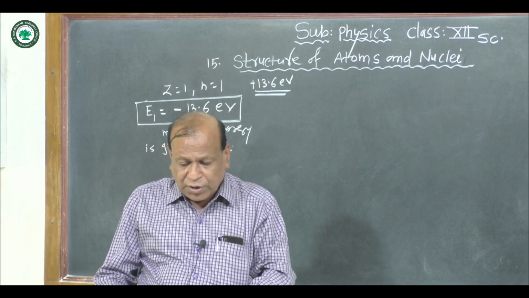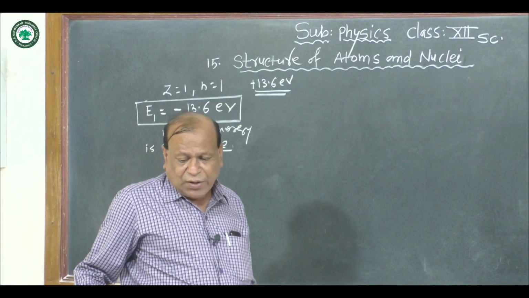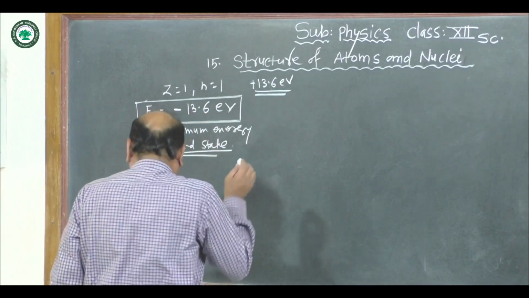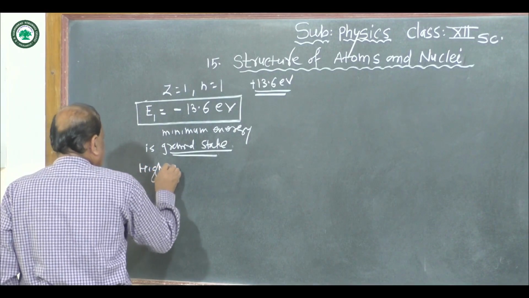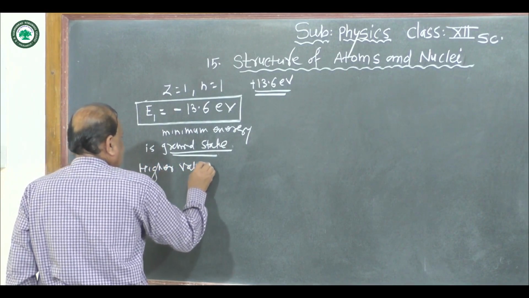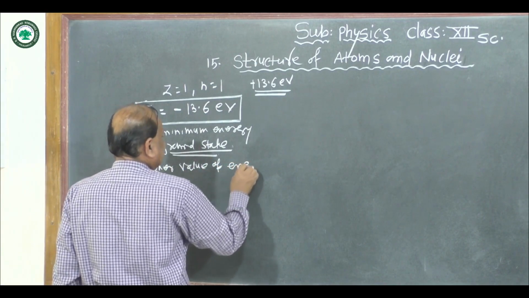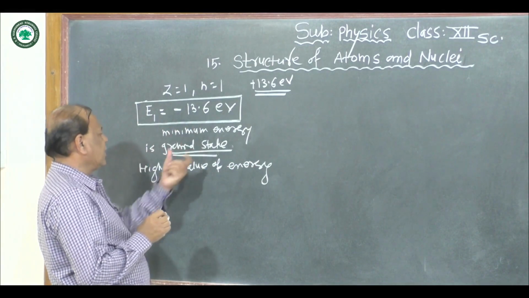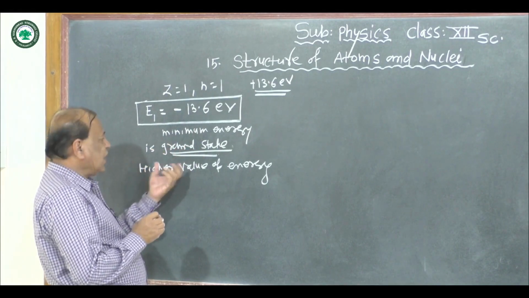Now, again we get a higher value of energy. This is the lower or minimum energy of the ground state, and for the next one the value of energy is higher.